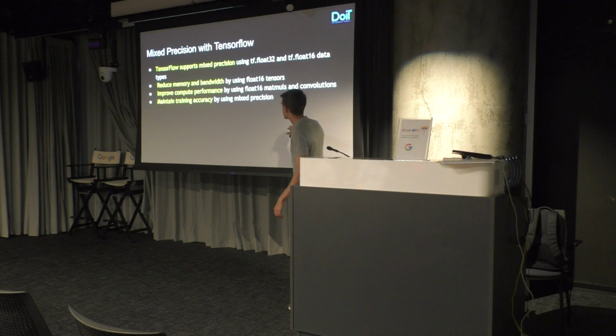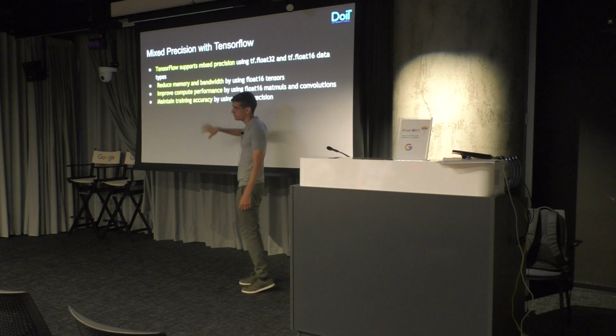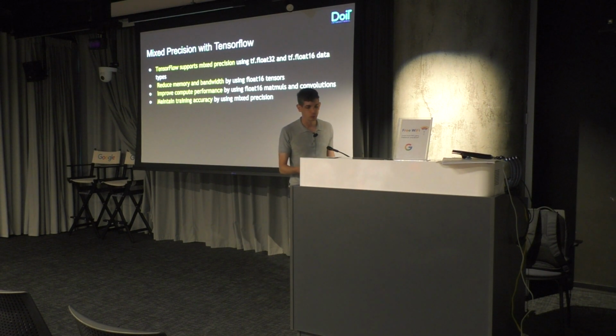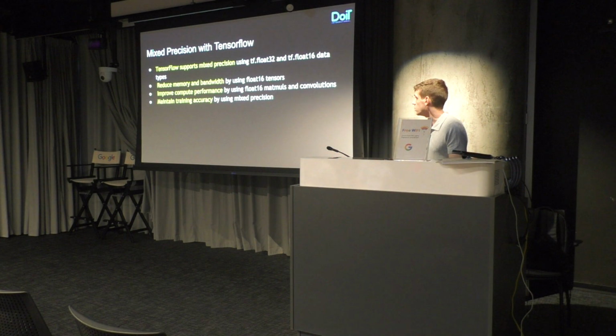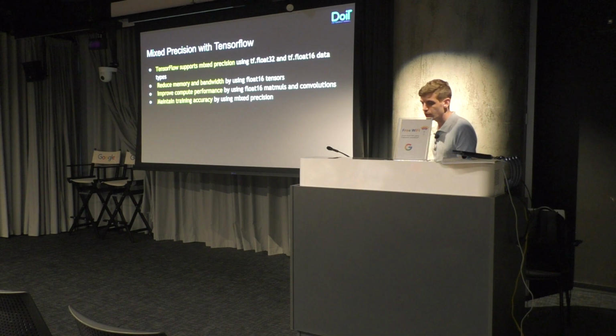So if you're working in a previous, not supported version of TensorFlow, you'd have to make all of these changes. But if you're transforming to new TensorFlow, you just get it for free.